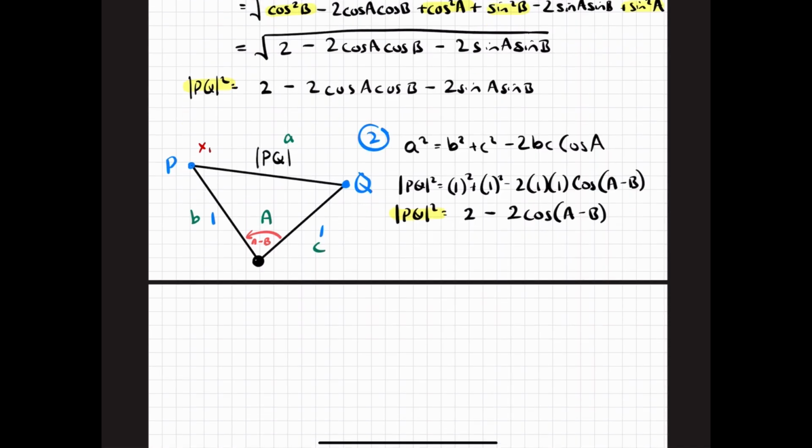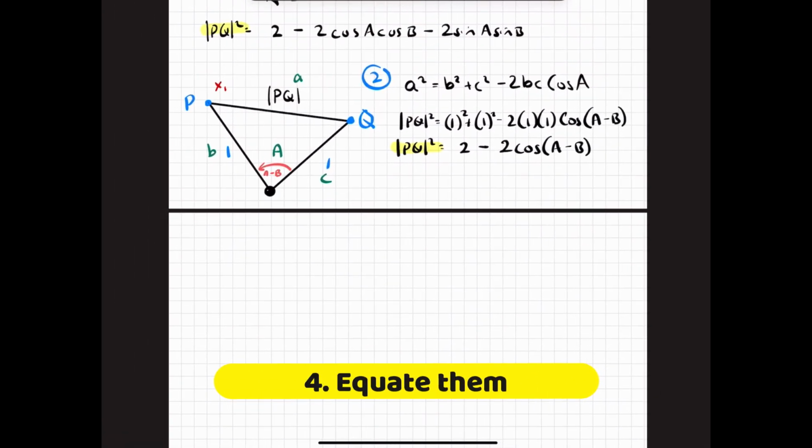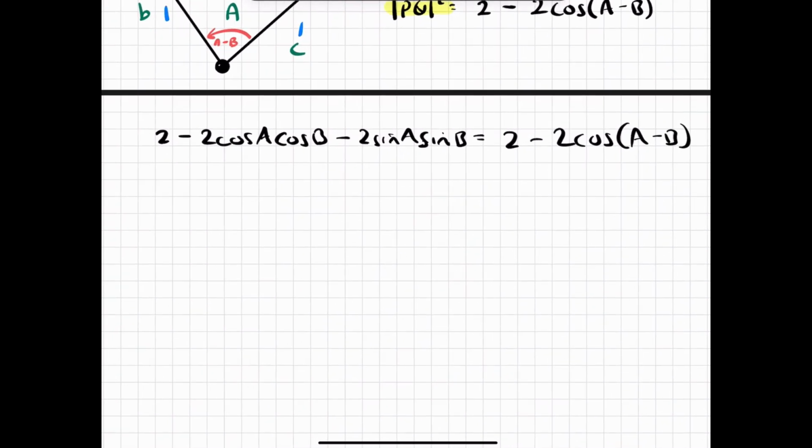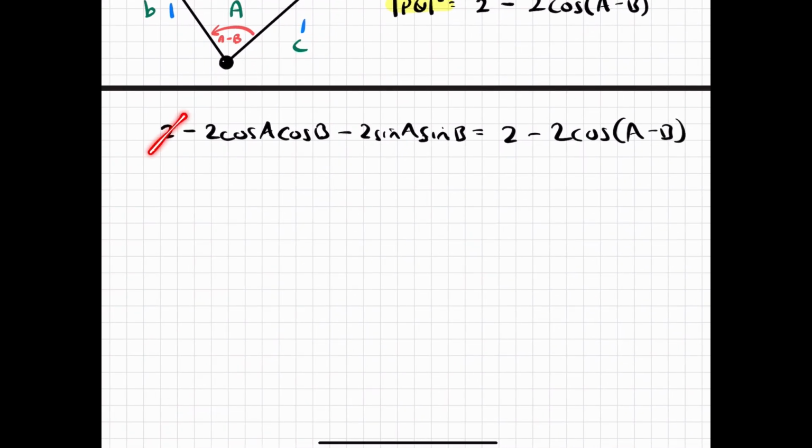So I'm going to say down here, take the whole bit on the right hand side: 2 minus 2 cos A cosine B minus 2 sine A sine B should all equal 2 minus 2 cos A minus B. And now it's just a case of cleaning it up. Let's see what things clean up. The 2s cancel, the 2 and 2 on each side.